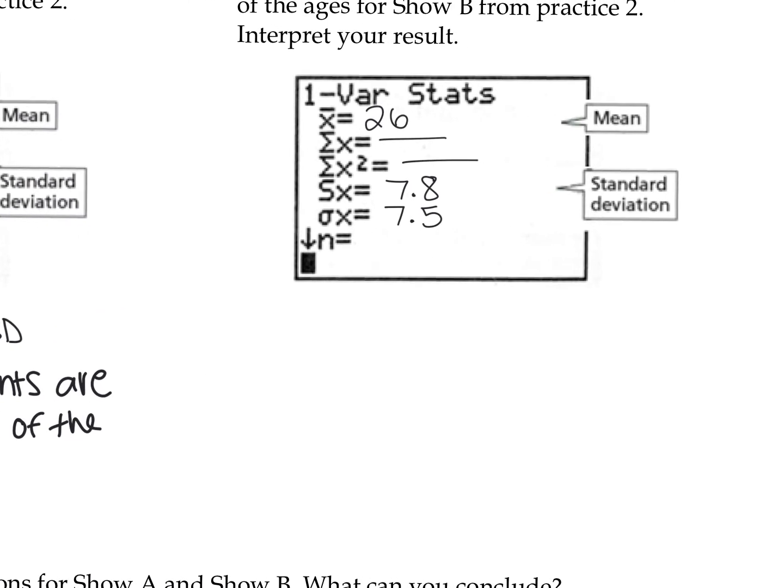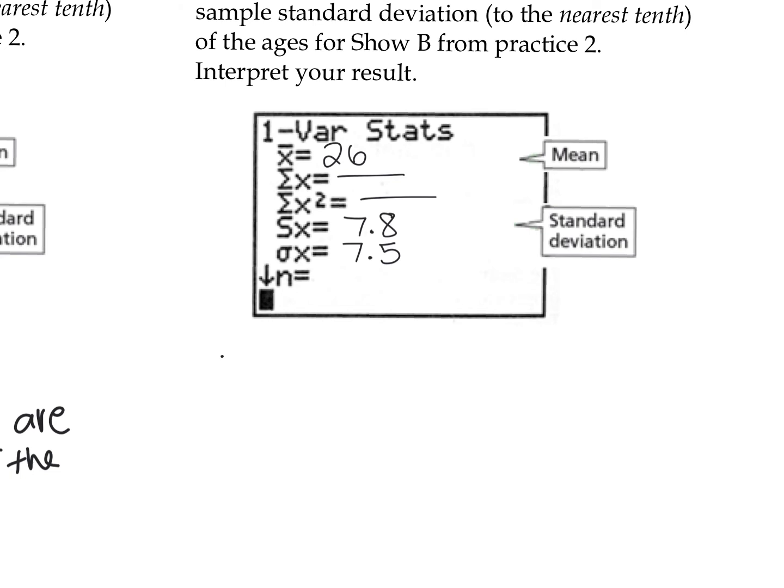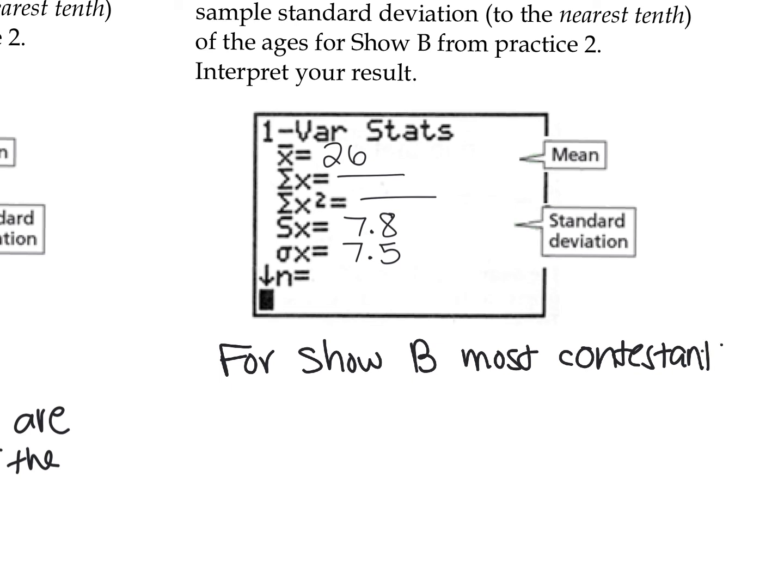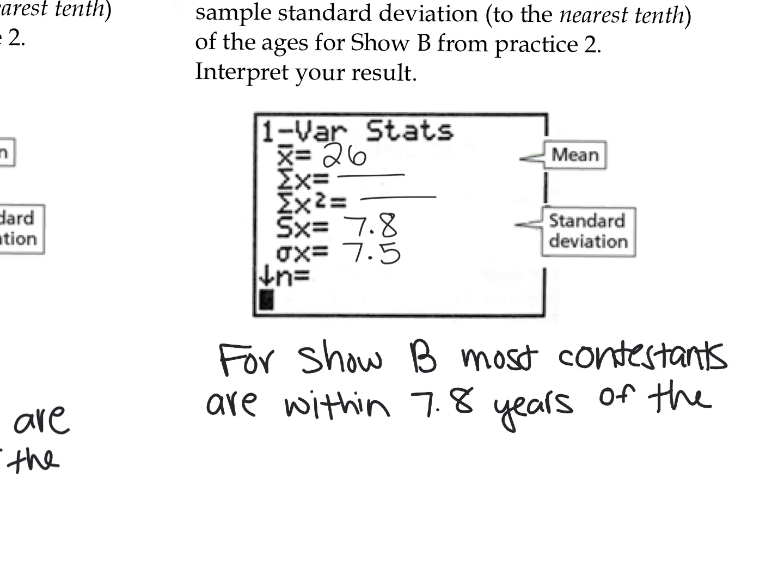And so then for show B, most contestants are within 7.8 years of the mean, which was 26.